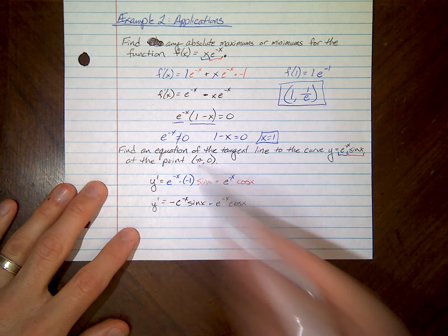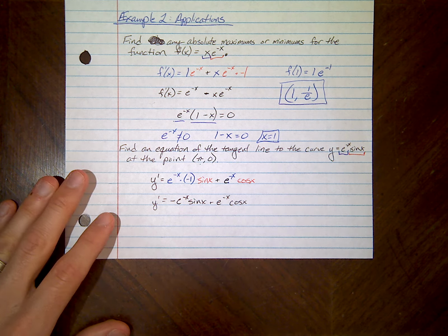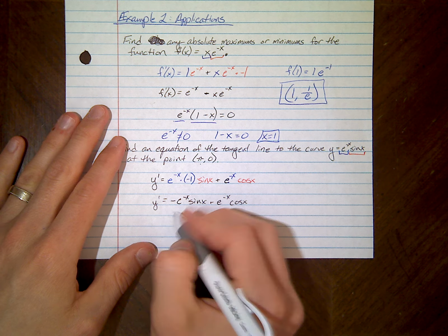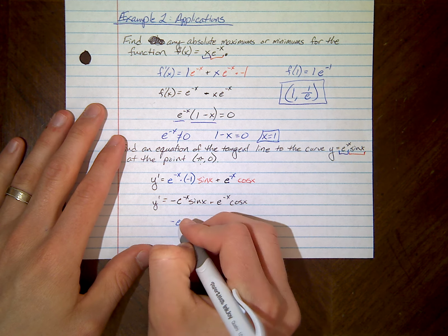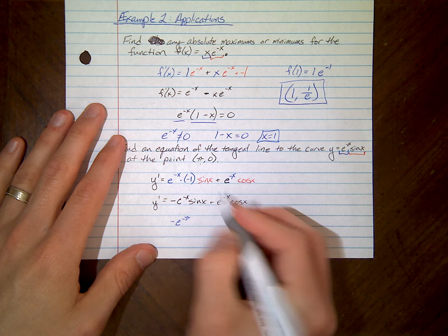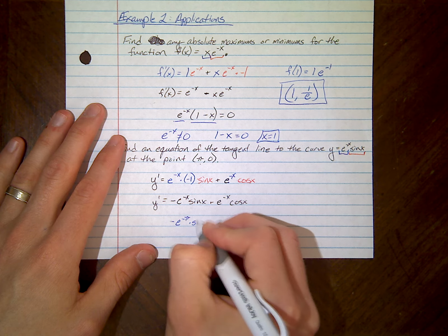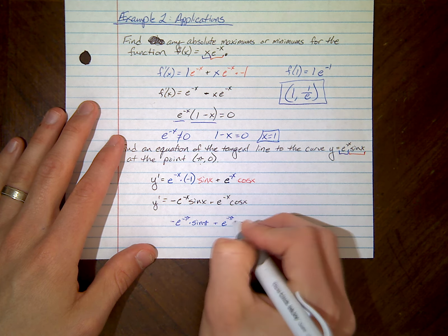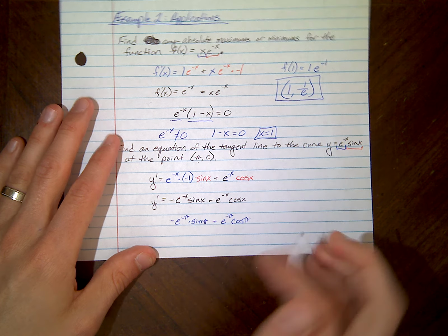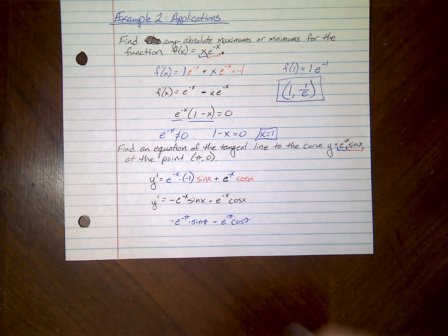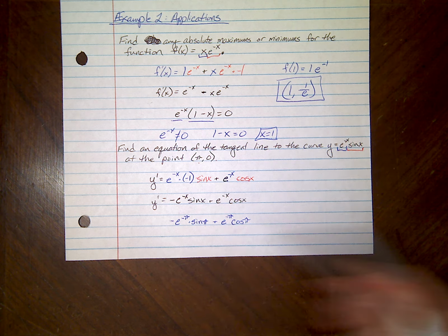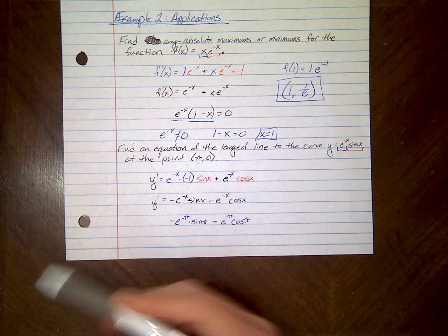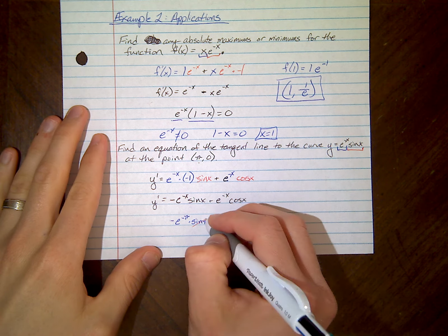So now again, we have to plug in pi into our equation to figure out the slope of the tangent line. So what we would actually have here is negative e to the negative pi power times sine of pi plus e to the negative pi power cosine of pi. Now, hopefully we remember our unit circles. Okay, sine of pi, pi is all the way on the left side. So the y-coordinate all the way on the left side is 0.